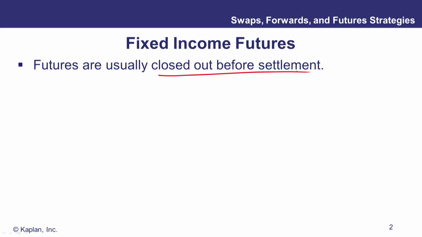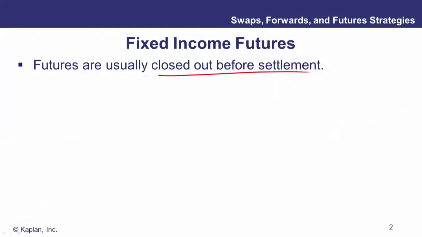Most futures investors close out their contract prior to delivery, either because they don't want the exposure through the futures contract anymore, or because they're rolling their exposure into a longer dated contract. So they close out the near dated contract and open a longer dated position. So usually futures positions are closed out prior to settlement, and this technical point we're about to make is usually not relevant for most investors.